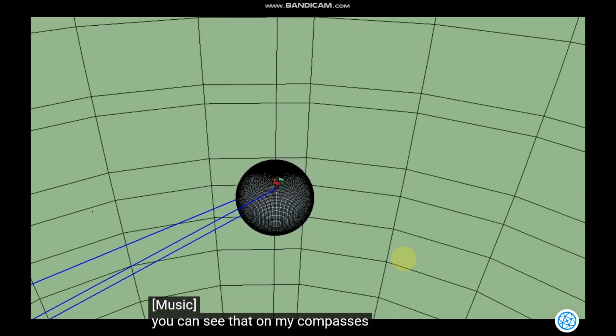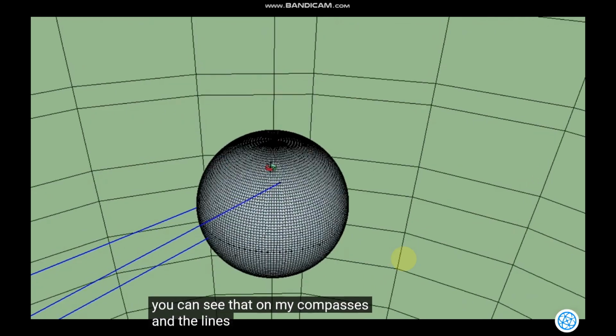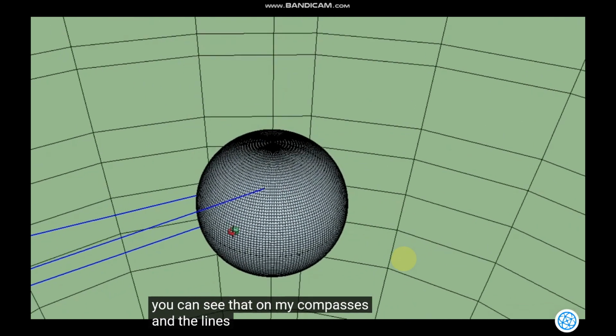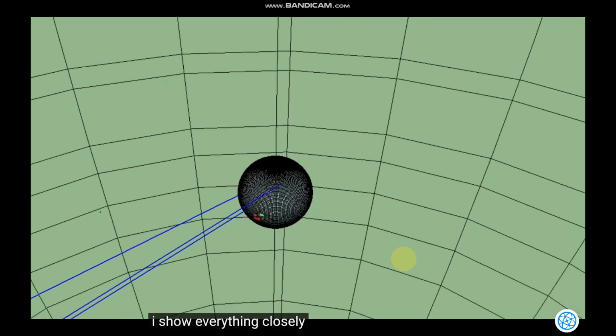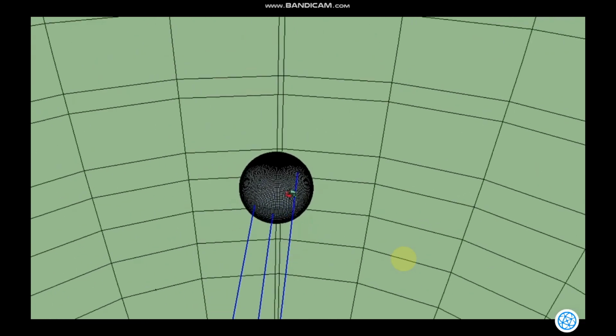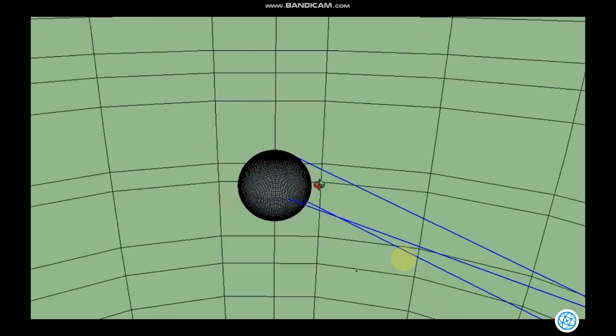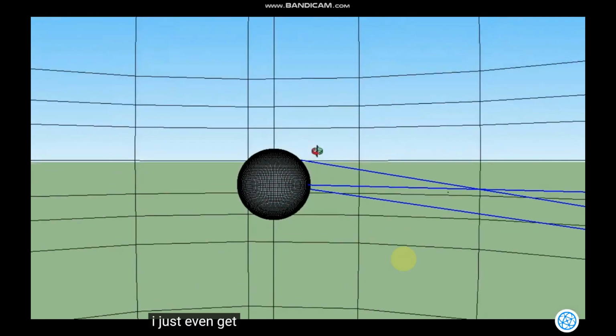You can see that on my compasses and the lines, if they are off by a degree or 2 or 5. I show everything closely. I just debunk your ass.